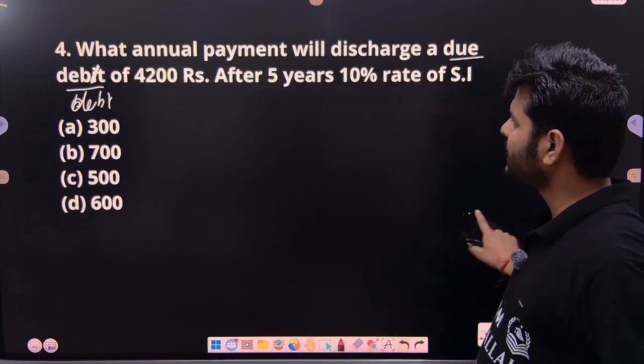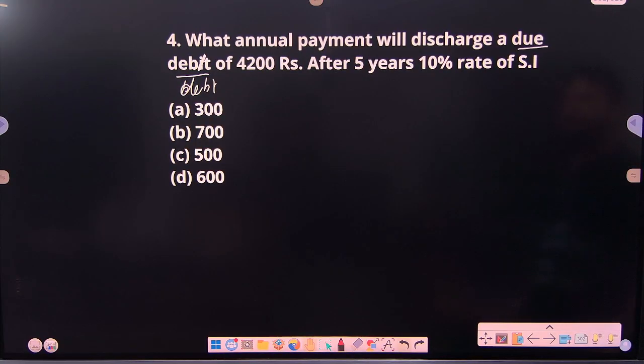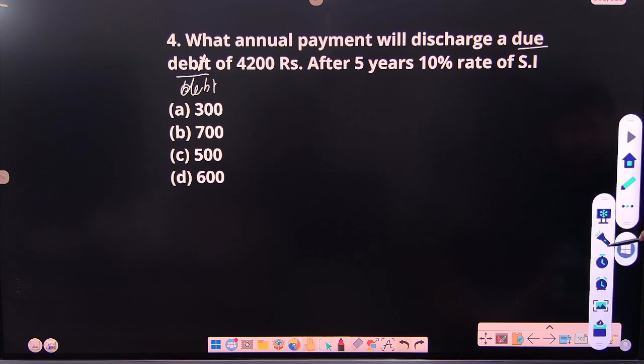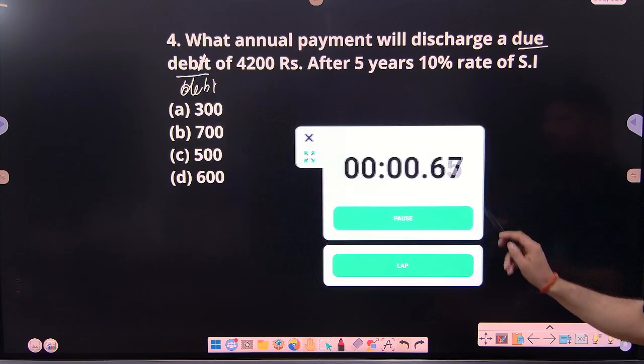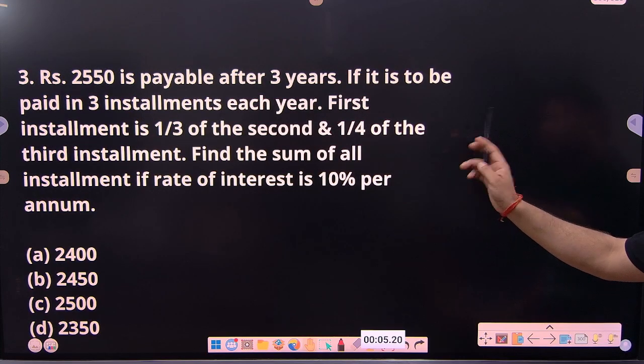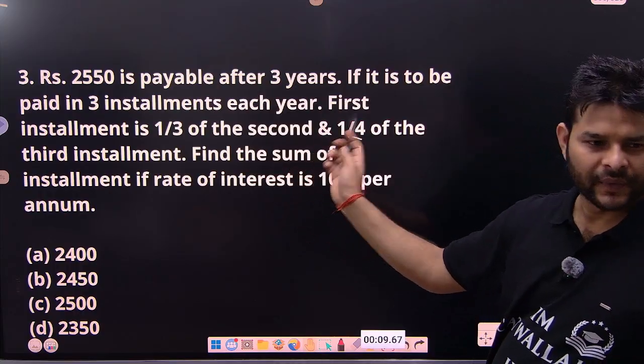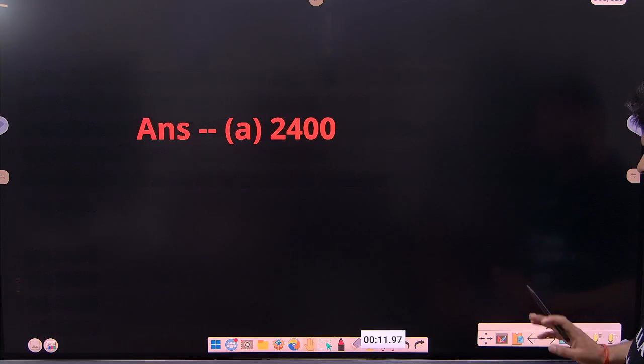What is this due debt? Take your time. The third question, guys, you need to do by yourself. The same question you can do. Basically, one installment, third installment, 1/4, 1/3. From the fourth, there is a variation.